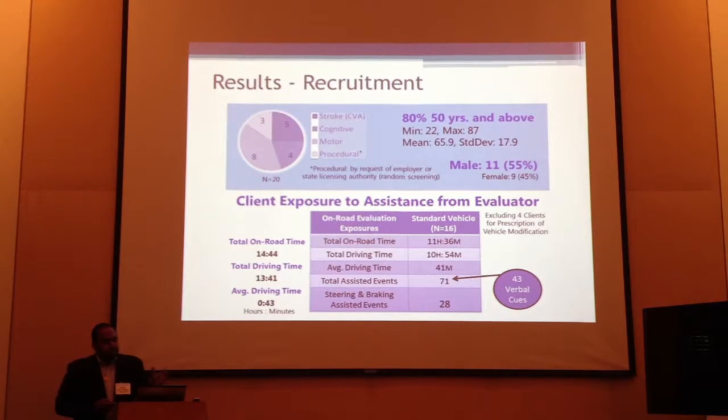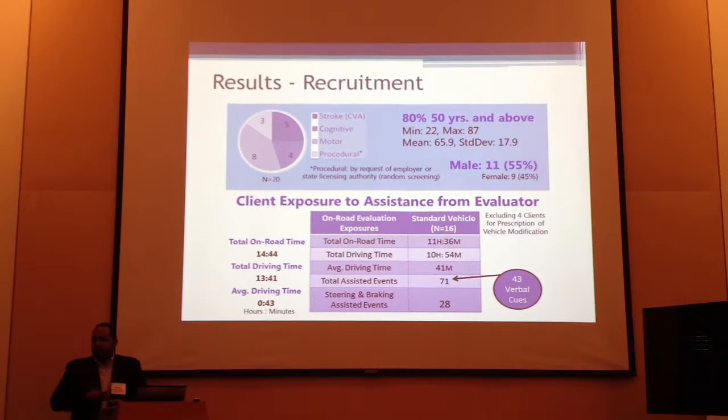The pilot demonstration of the system was small, with 20 people, mostly people age 50 and above. It was 80% of them. A quarter of everyone had experienced stroke prior to coming into the evaluation. You see cognitive, motor, and medical needs with a lot of the others.